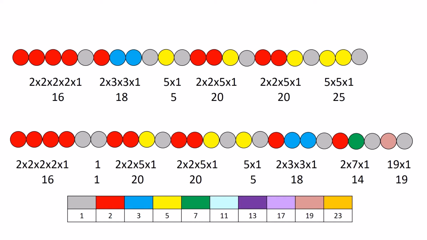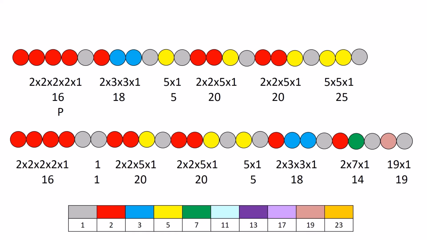So 16 is P, 18 is R, 5 is E, 20 is T, 25 is Y, 16 is P again, 1 is A, 20 is T again, 5 is E, 18 is R, 14 is N, and 19 is S. Okay, so our message was pretty patterns.